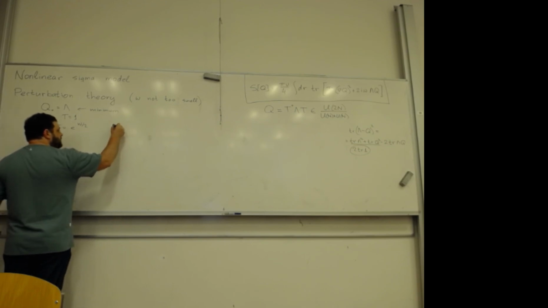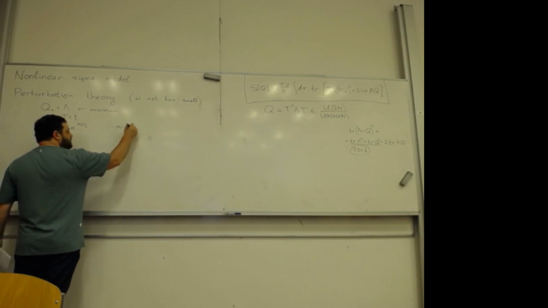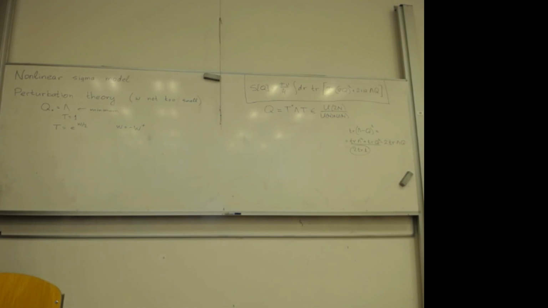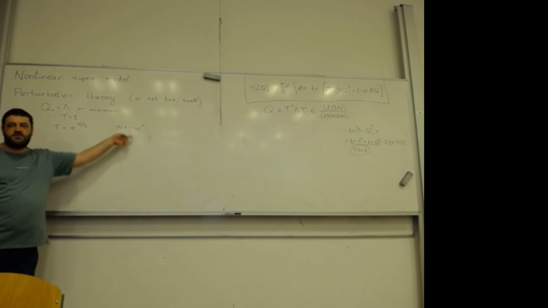This means that W is anti-Hermitian, minus W dagger. Whenever W is anti-Hermitian, the exponent of it is unitary. And why do I want to represent T like this? Because T equals 1 corresponds to W equals 0.